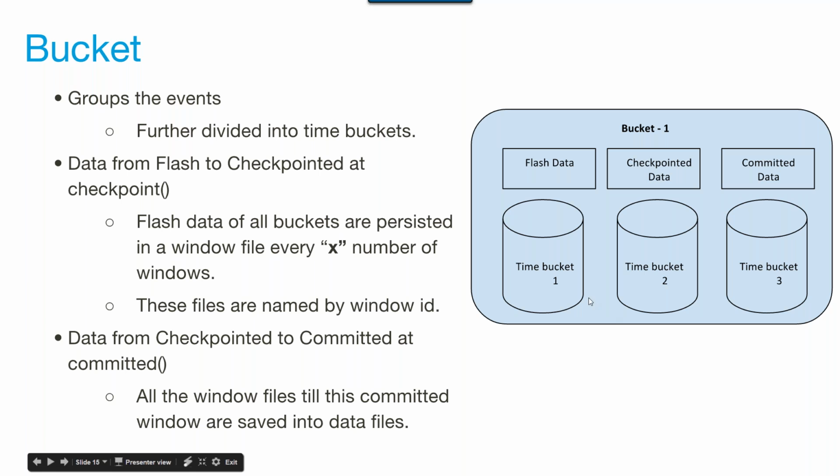This data file means the time buckets. So at the point of checkpoint, we have the window file, and at the time of commit, the data would be in committed as well as in the time buckets.